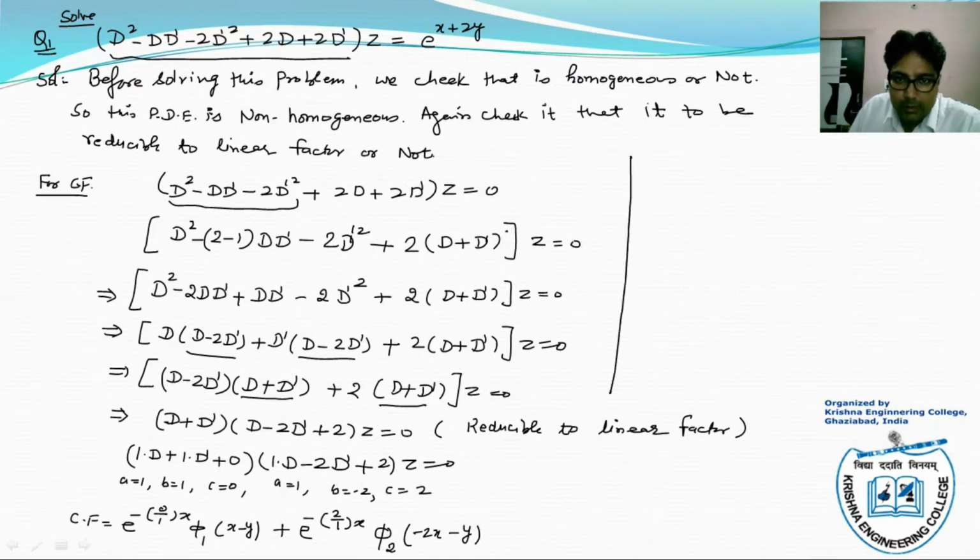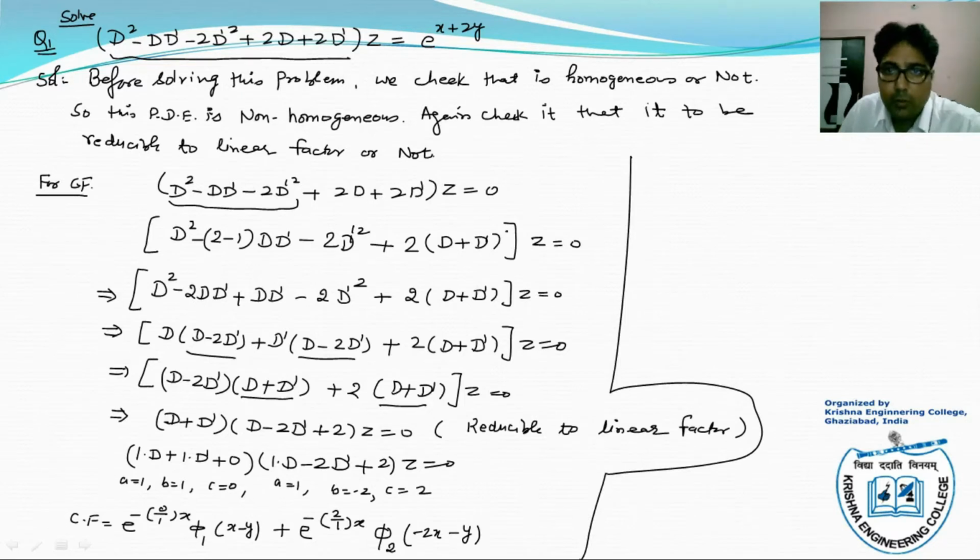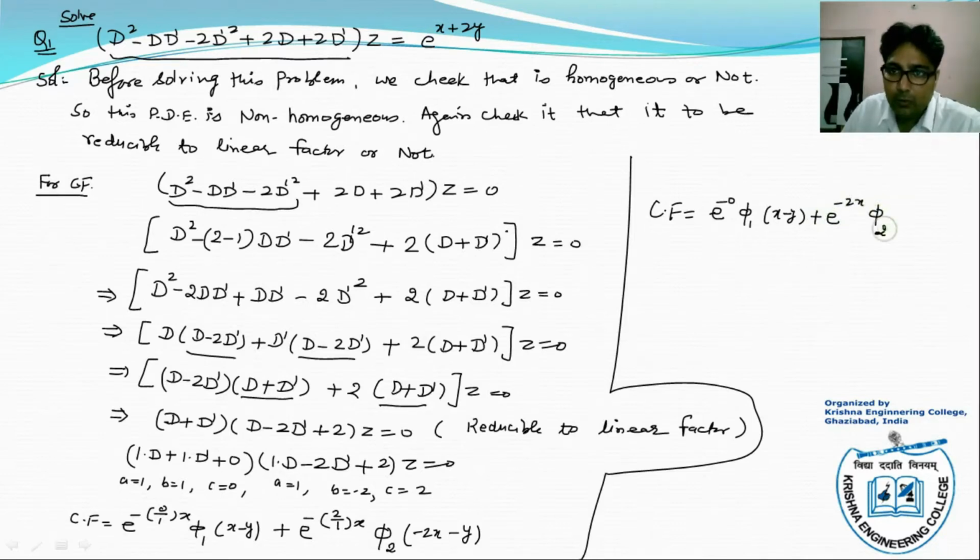Now we write, clear? So CF becomes e to the power minus 0, that is 1, phi 1 of x minus y, plus e to the power minus 2x phi 2.